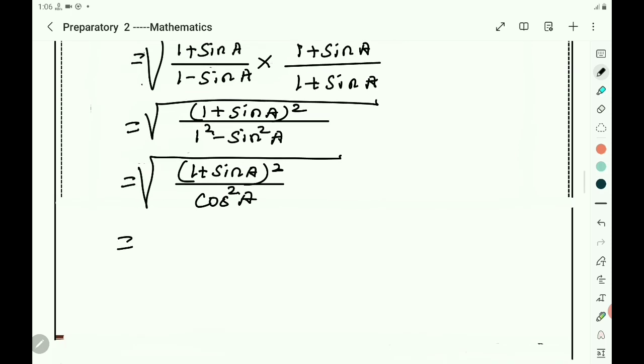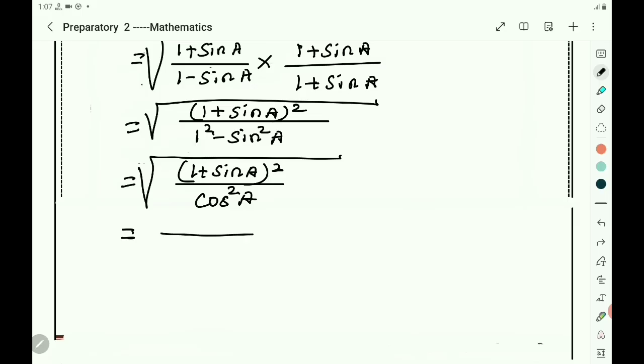That equals whole root, here cos square A is in the denominator, 1 plus sin A whole square is in the numerator, and it is under the root. So cancel root and this square. By removing the root, you will get the cancellation of the square.